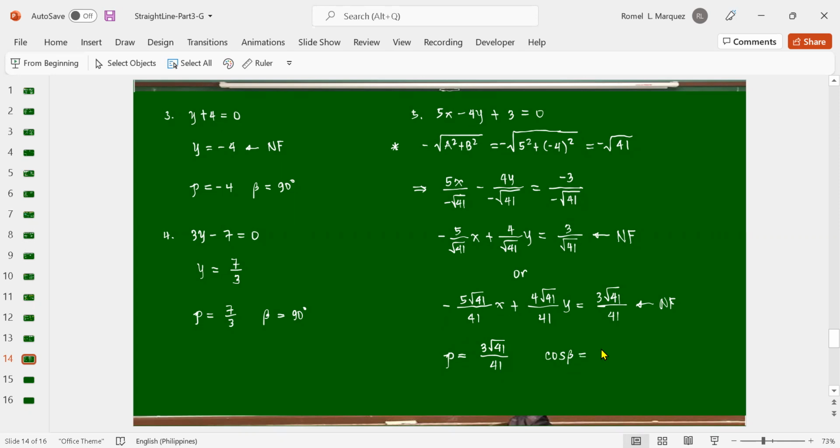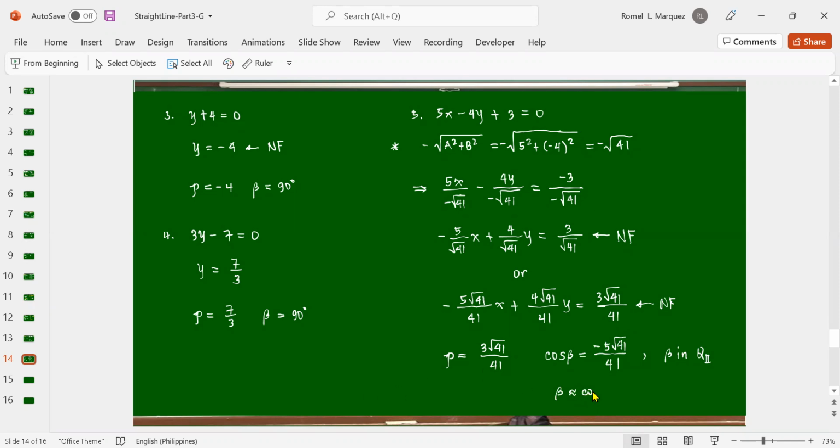Cosine beta is negative 5 square root of 41 over 41. Since this is negative, it means beta is in quadrant 2.